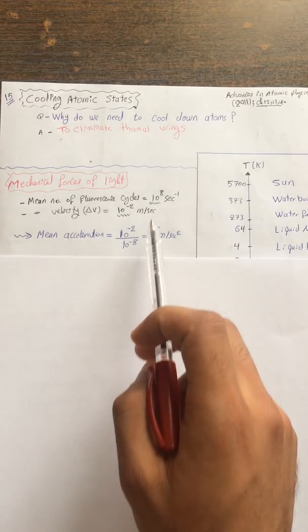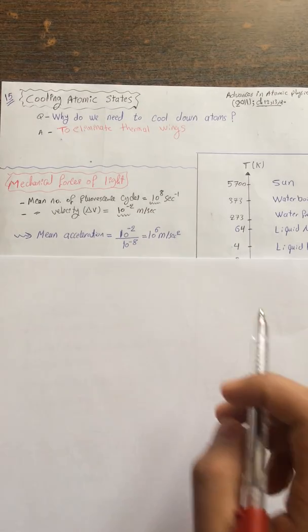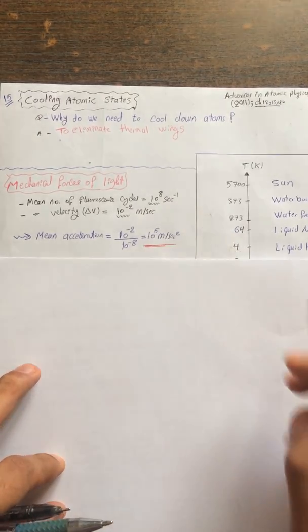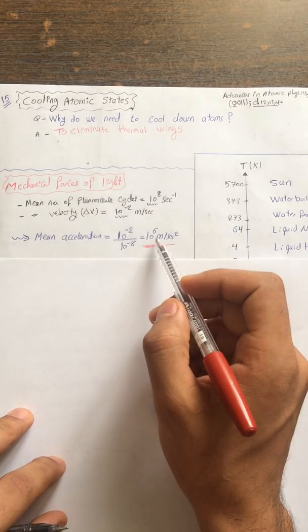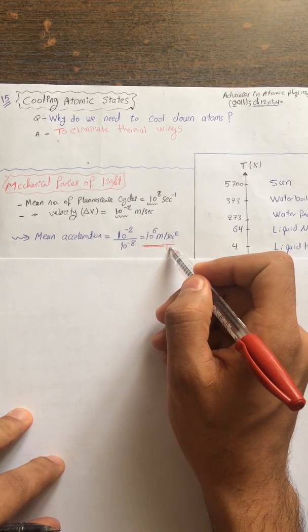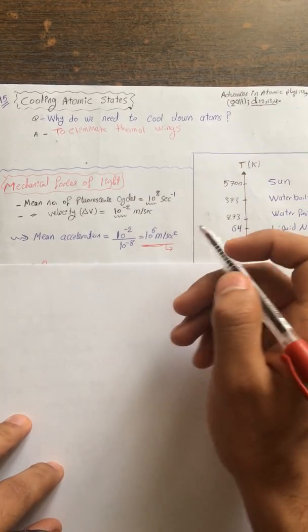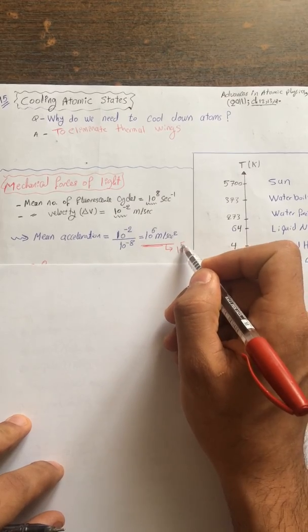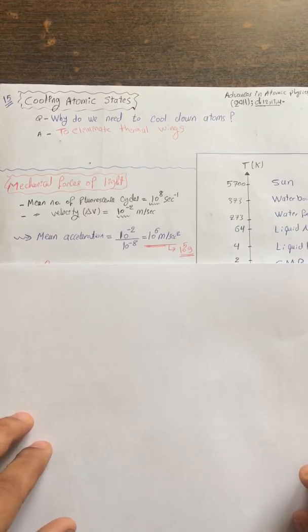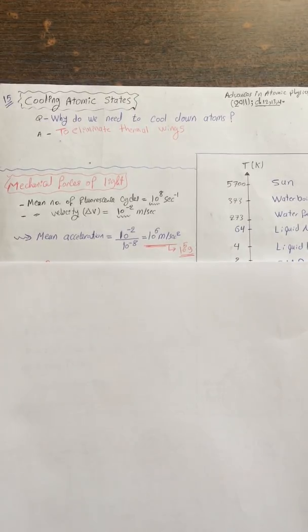The time is 10 raised to minus 8, so this quantity is about 10 to the power 6 meters per second squared, which compared to the gravitational acceleration is about 10 raised to 5 g. This is huge pressure, as we say, on the atoms. So you can exert so much pressure to stop the atoms, or to press on the atoms, by these forces of light.